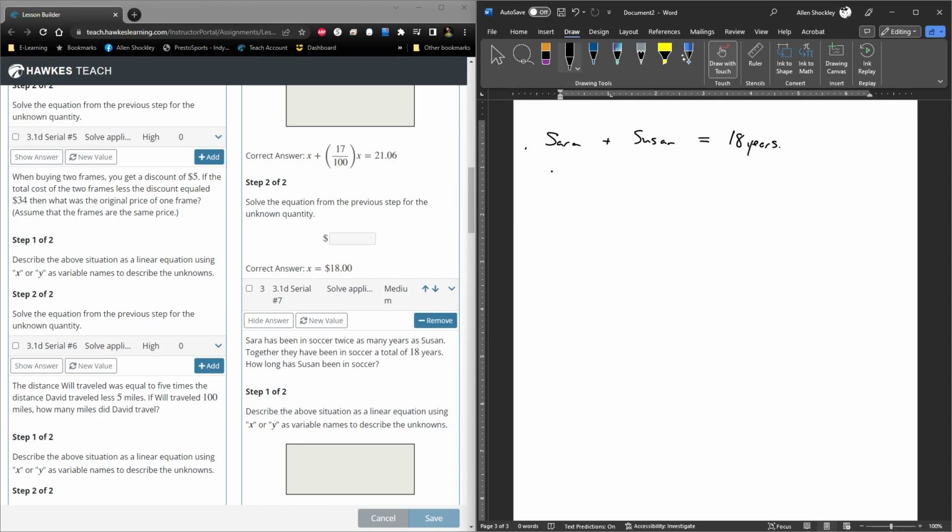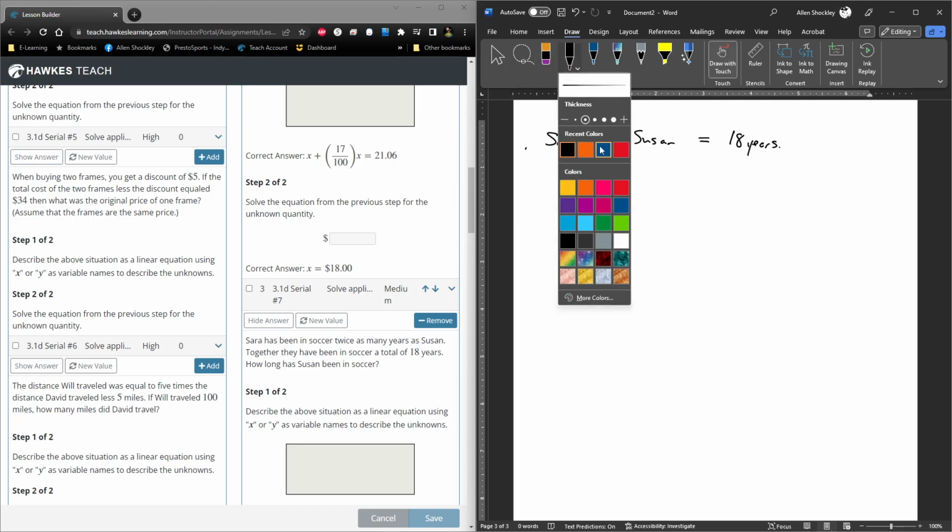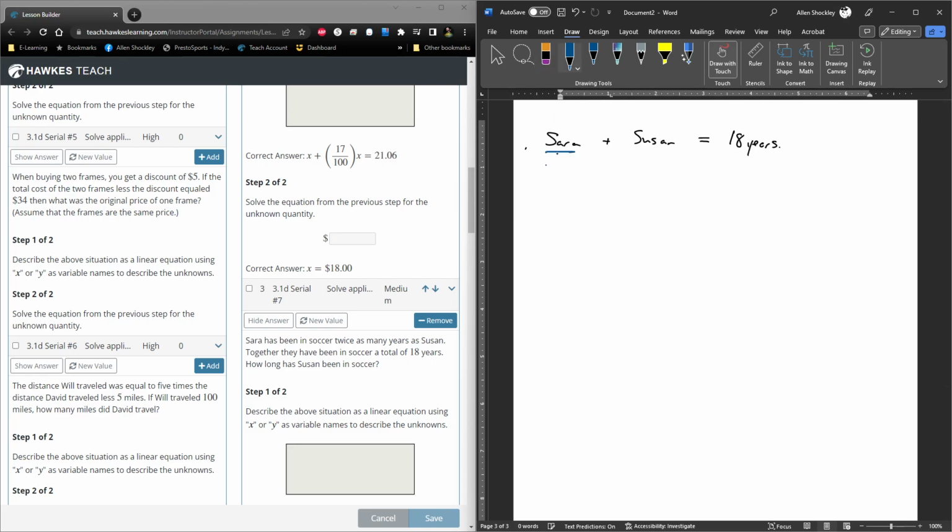And so to represent that, really what we have, Sarah is really, common mistake to say 2 Susans. Yeah, no, 2 Susans.